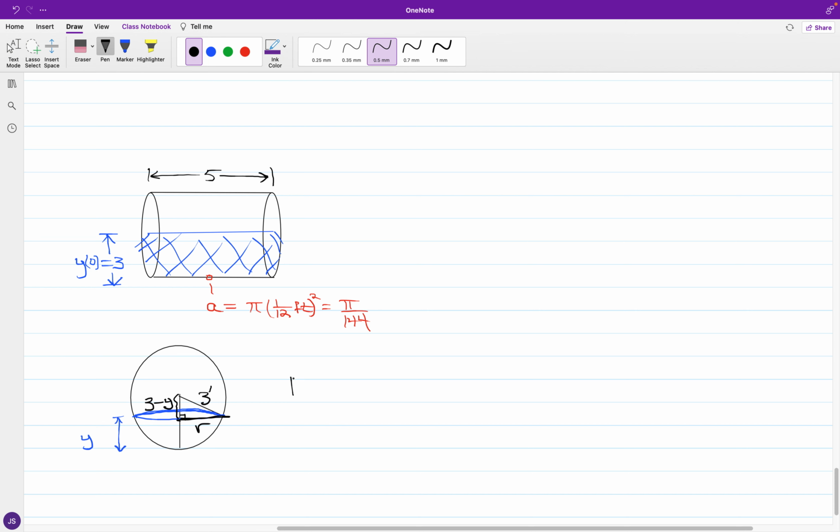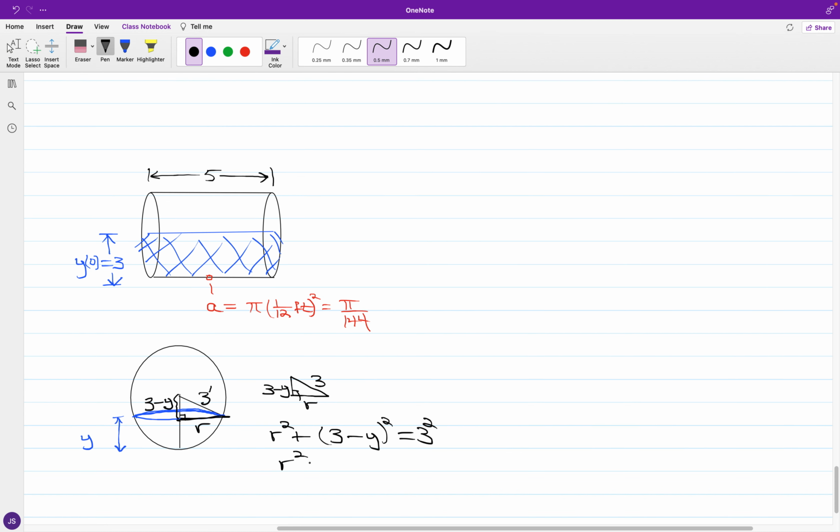So we have a right triangle with sides 3 minus y and r. Using right triangle geometry, the square of the radius plus the square of 3 minus y is equal to 3 squared.